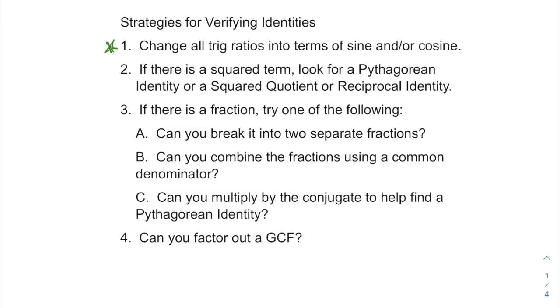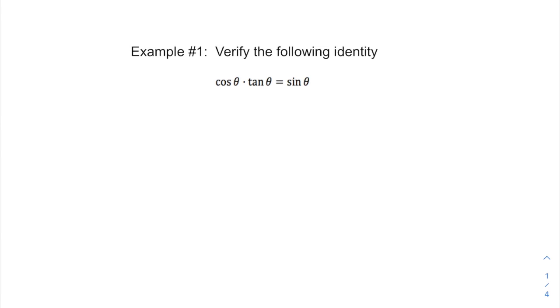Can you take two fractions and combine them with a common denominator? Could you multiply by a conjugate to help find one of your Pythagorean identities? And finally, could you factor out a GCF? And I'm going to add one more here: can you multiply together? Don't be surprised if at some point you get stuck and do the wrong thing. It takes practice. So here's what our questions are going to look like today.